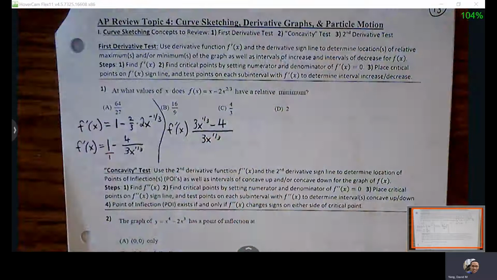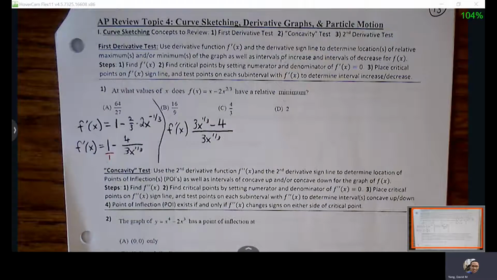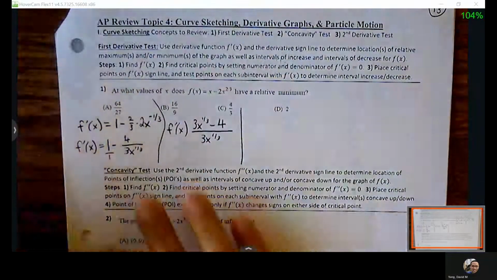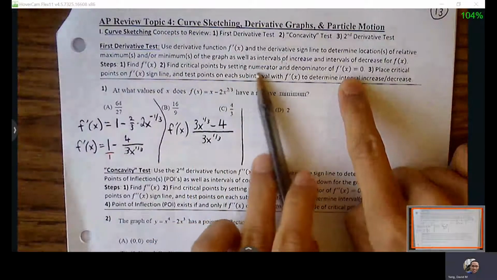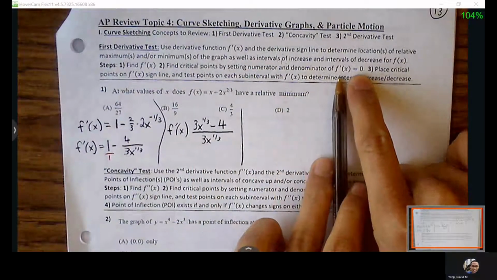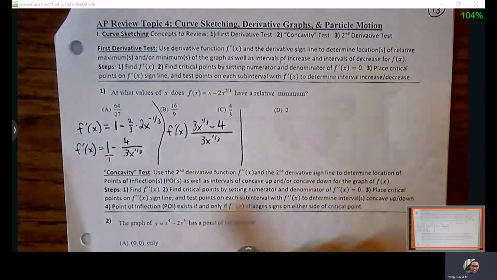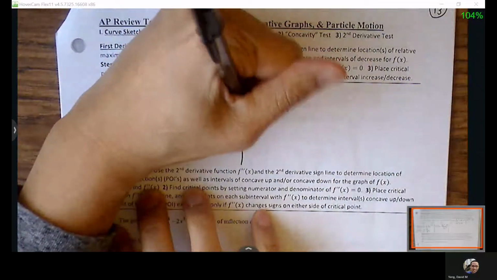So this feels a lot cleaner because now I have a clear place to look for my critical points. I can set the numerator equal to 0. I can set the denominator equal to 0. All right, find critical points by setting numerator and denominator of f prime equal to 0 separately. Okay, so here's the numerator equal to 0.